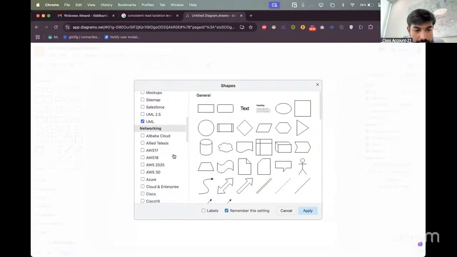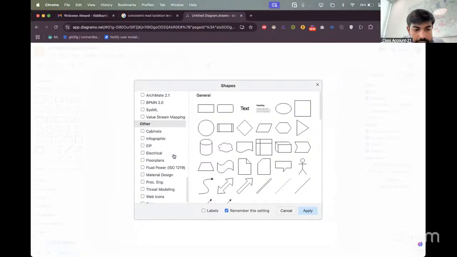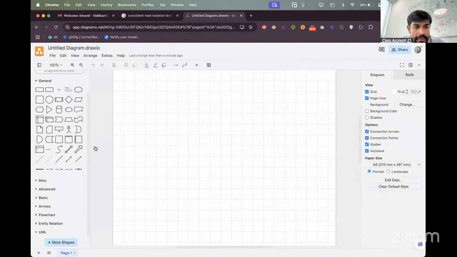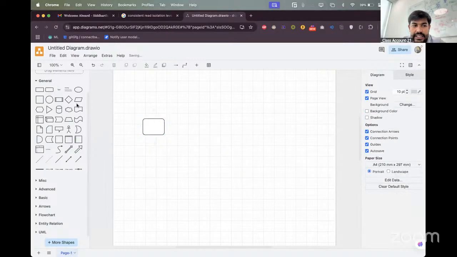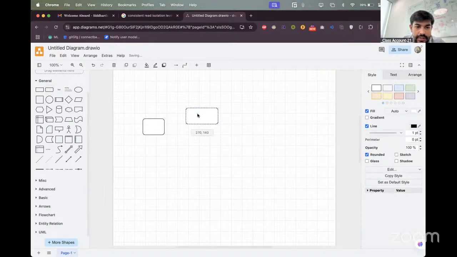And where is that networking? Databases. Yep. So we had this initially. Then what we did was we increased the specification to this.